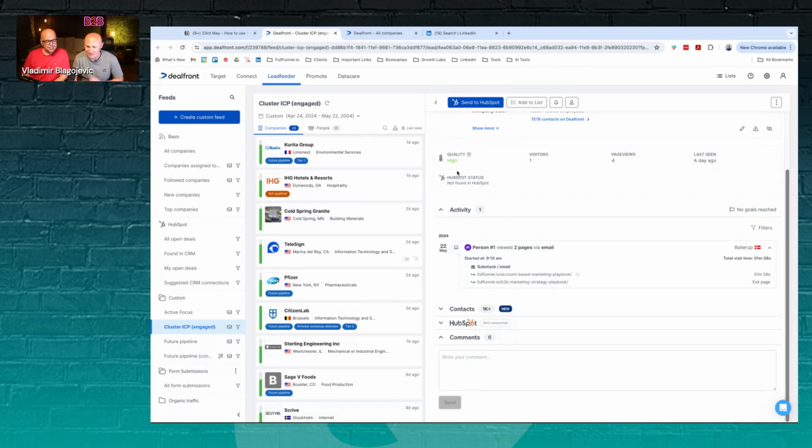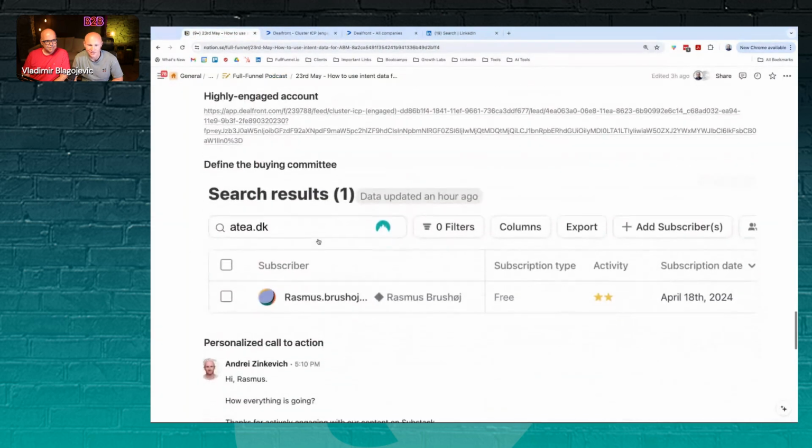But just to give you an idea of how marketing and sales could prioritize these accounts: we know the source here. The next step is to go to Substack and search for the domain, and we can immediately find the person who is subscribed to our Substack.